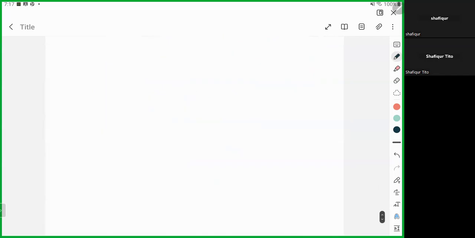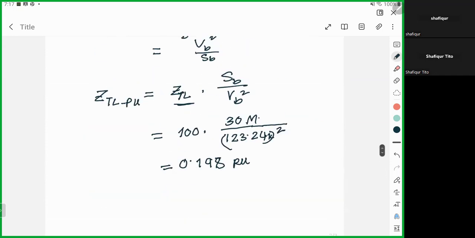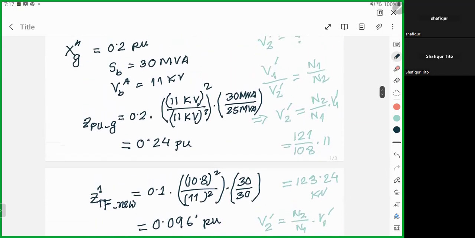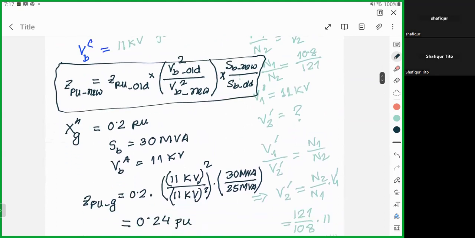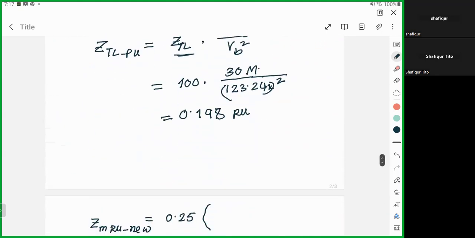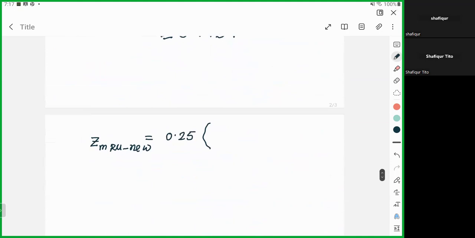Okay, so the last one is the motor. So motor impedance per unit, and it has to be new, that means transformation. So that is given 0.25, and so we will write down the formula: VB square, that is the old one, divided by new one. Old one for the motor is given 10 kV.